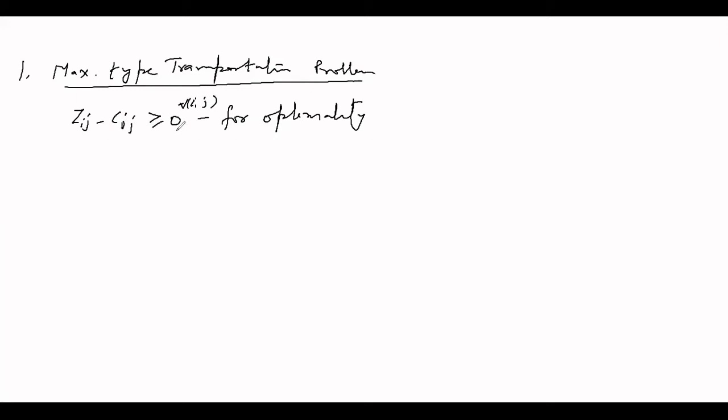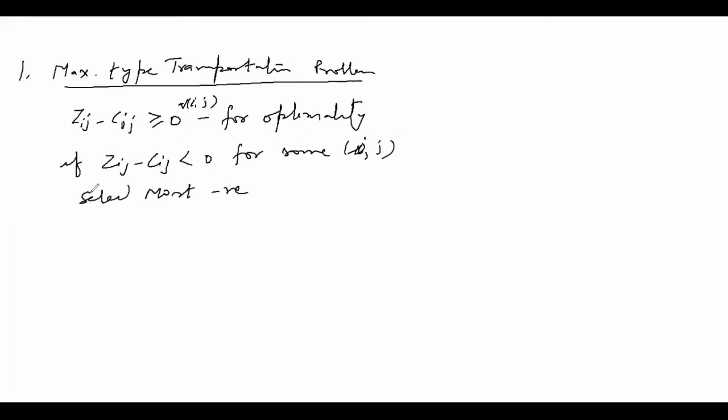But if Zij minus Cij's are not greater than or equal to 0, that is, some Zij minus Cij is negative, so in this case, if Zij minus Cij is less than 0 for some ij or maybe more than one ij, then we select the most negative Zij minus Cij to enter into the basis, and then again the minimum ratio rule is followed.